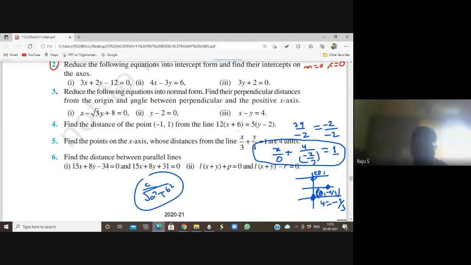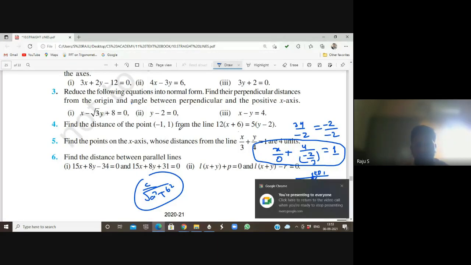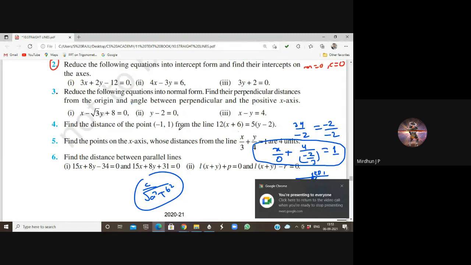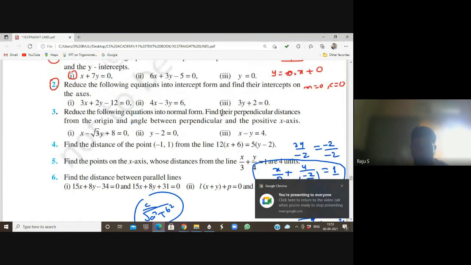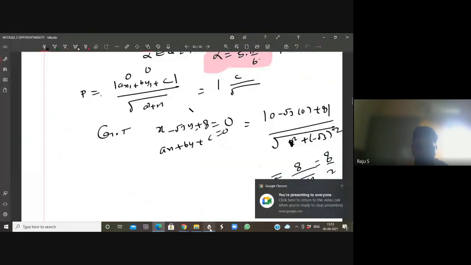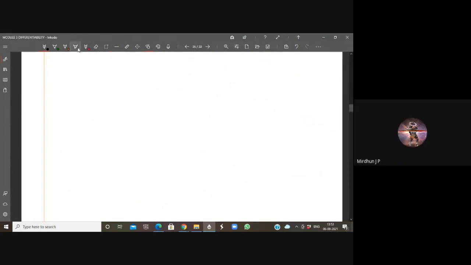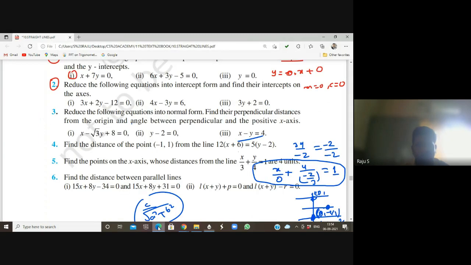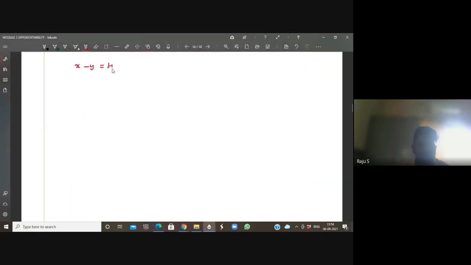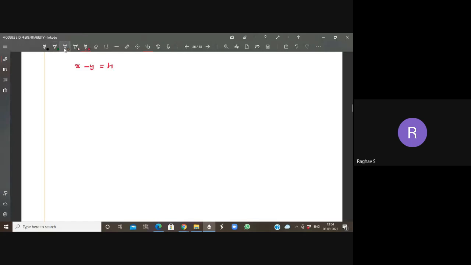Yes, students. What is the question we'll do next? Sir, can you do the third subdivision alone in this? Okay, third subdivision. x minus y is equal to 4, right? Yes, sir. Sir, we can divide the whole equation by root 2, no, sir? Another method.